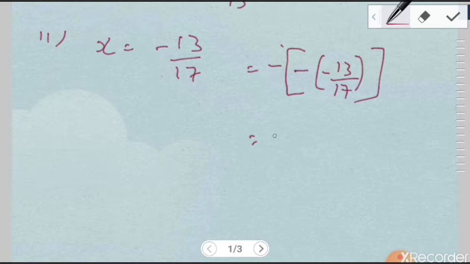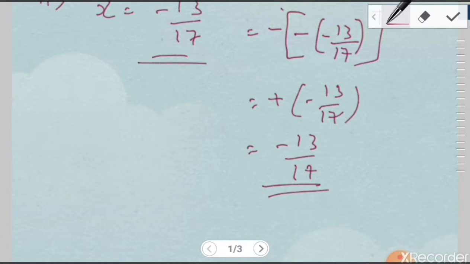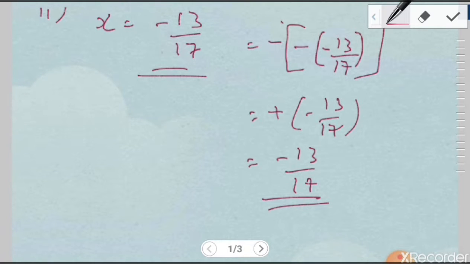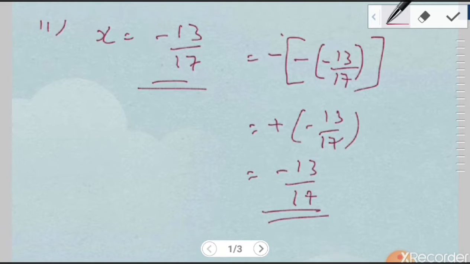Minus minus becomes plus, and in the bracket there is 13 upon 17. Now we will open this bracket. So plus minus gives minus 13 upon 17, as we had x before in the question. So here both are verified.